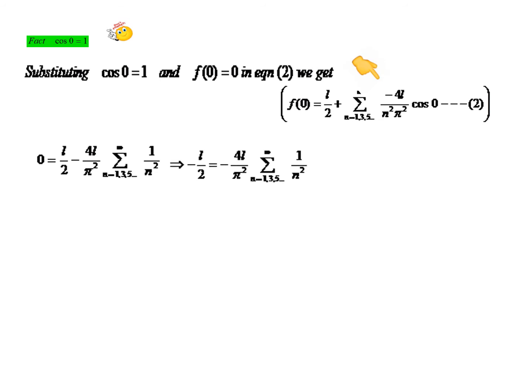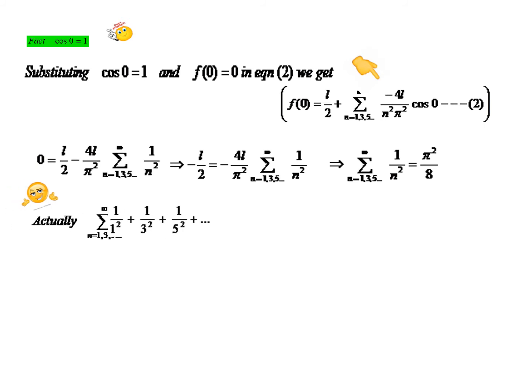And from here L by 2 we can take to the left side. From this we can get the answer of the summation as sigma 1 by n squared equal to pi squared by 8, because L is getting cancelled on both sides and the negative sign also is getting cancelled on both sides.